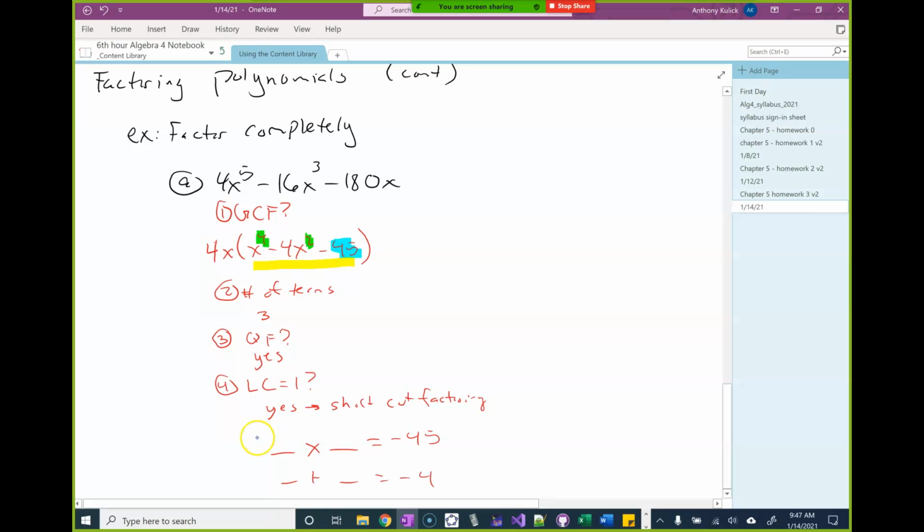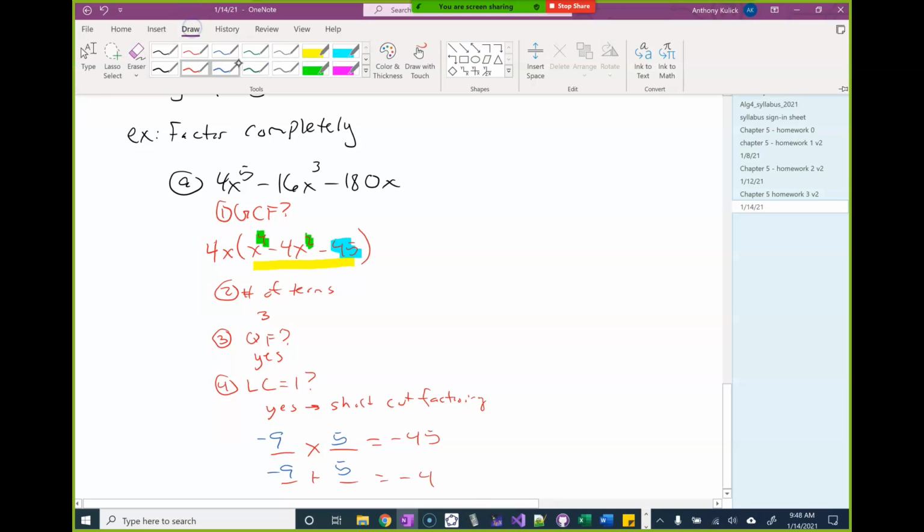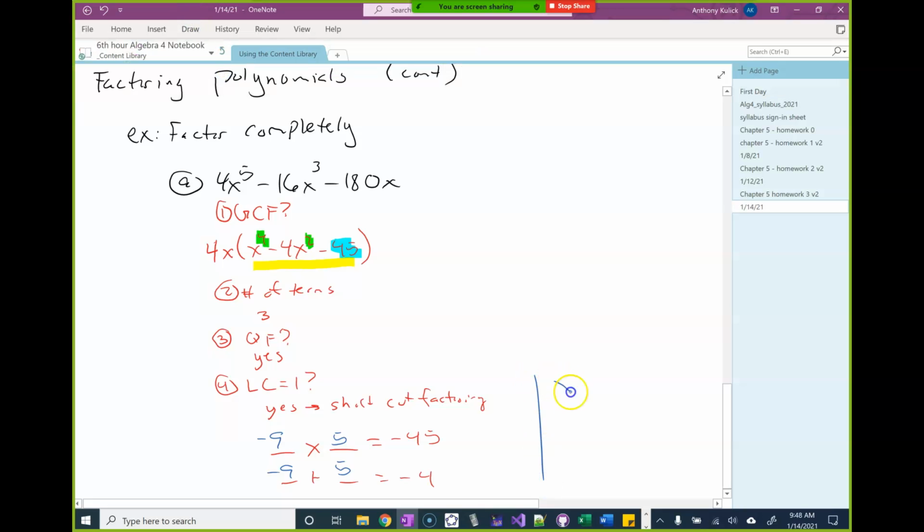Now, just as a little aside, if we factored x squared minus 4x minus 45, we would write just x minus 9, x plus 5, right? Everybody agree with that? Here, though, it's a little bit different.